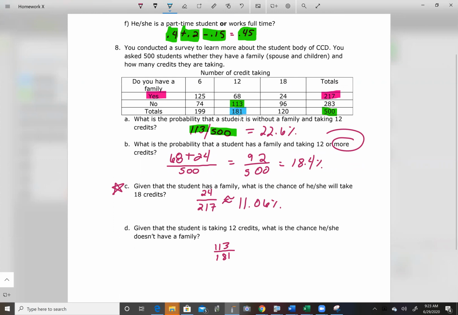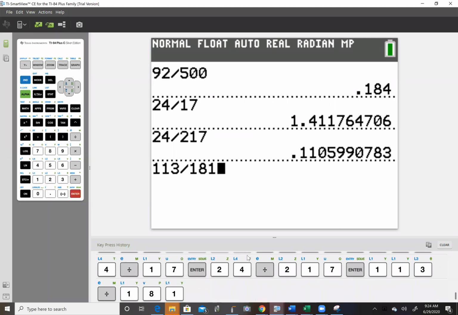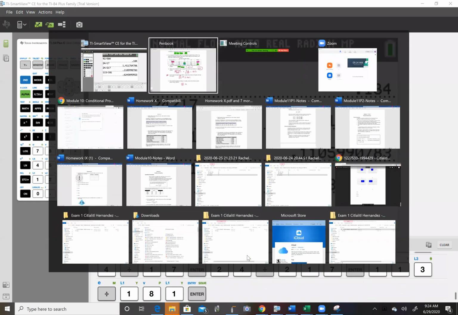The number without a family is 113. So the probability is 113 divided by 181, or approximately 62.4%.